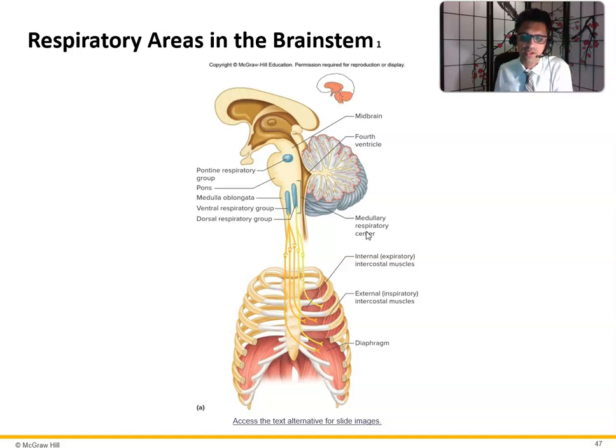That's the medullary respiratory center, and you can see the nerve fibers extend down to the diaphragm, but also the external intercostals, and the dorsal group has them in the internal intercostals, but also down to the diaphragm. So both reach out to the diaphragm, whereas the ventral group goes into the external intercostals for inspiration, and the dorsal respiratory group goes into the expiratory muscles and the diaphragm.